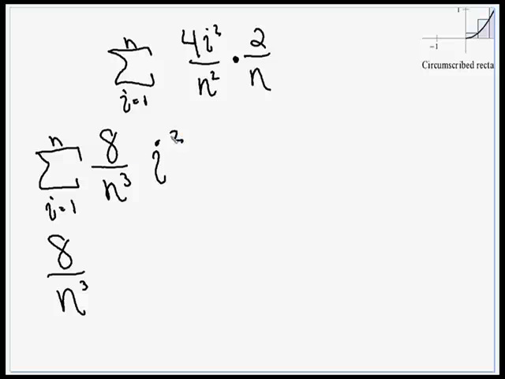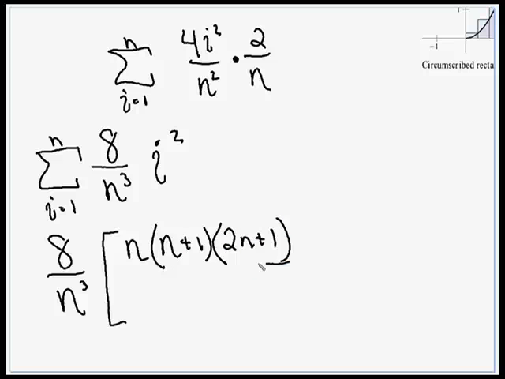And we can replace the sum of i squared. We know what the formula for the sum of squares was. That is n times the quantity n plus 1 times the quantity 2n plus 1, all divided by 6.